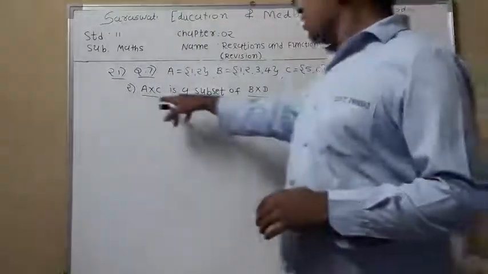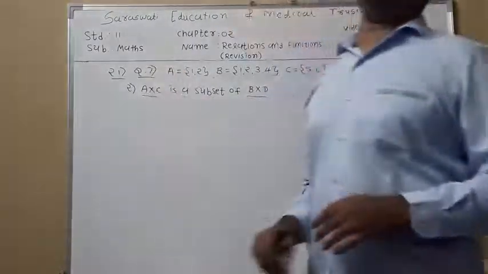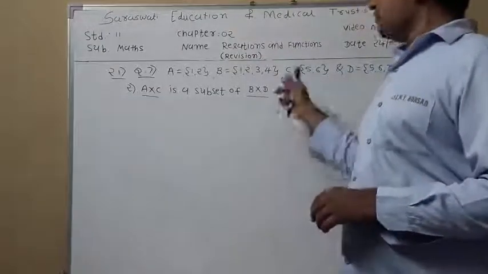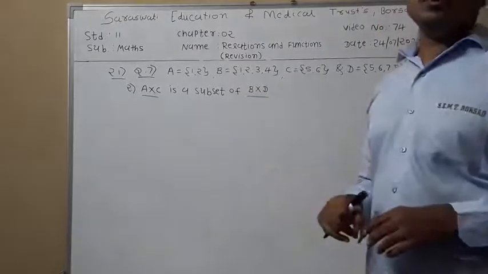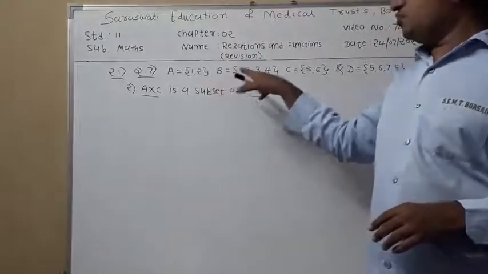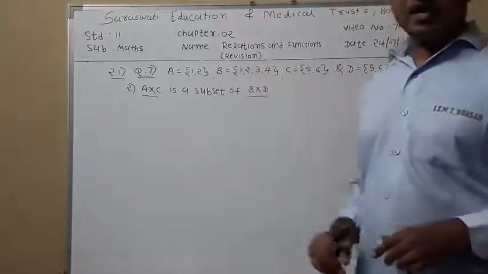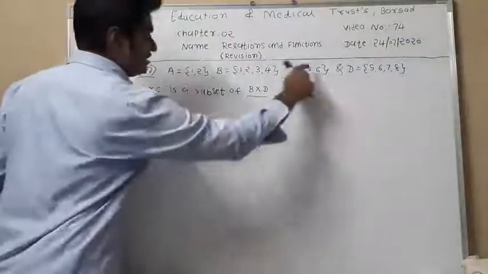Subset means all the ordered pairs of A × C are present in the ordered pairs of B × D. Then we can say that A × C is a subset of B × D. So now first of all find A × C.